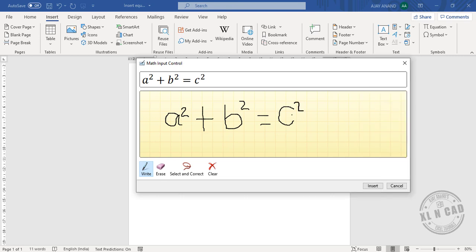Now if you want to erase anything, erase, write, a square plus b square equals c square. Insert.